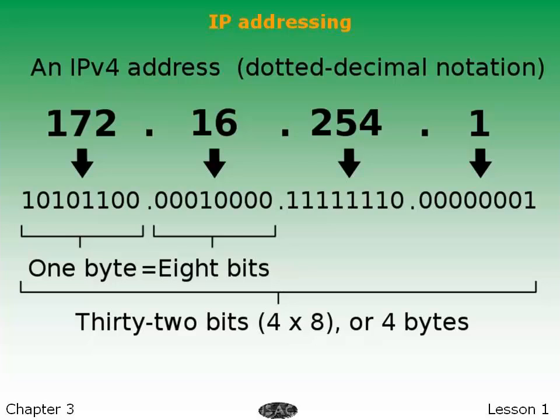An Internet Protocol address, or IP address, is a numerical label assigned to each device, for example a computer, printer, or other network device, participating in a computer network that uses the Internet Protocol for communication.